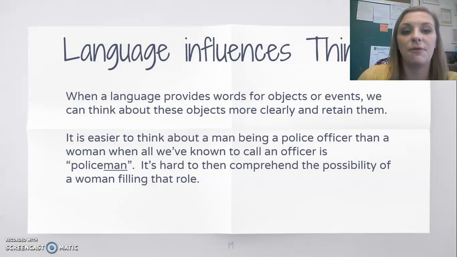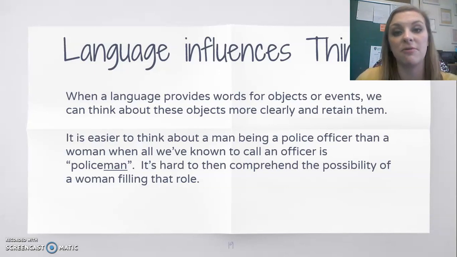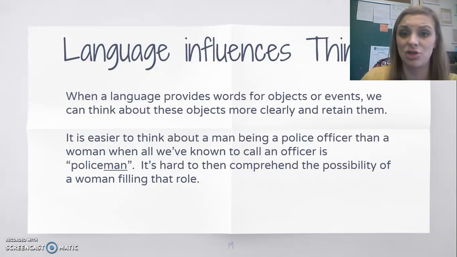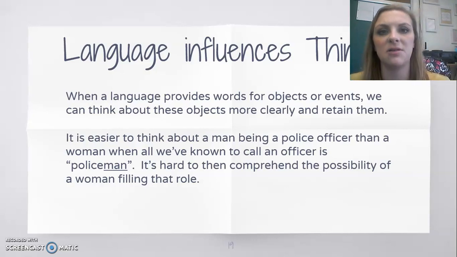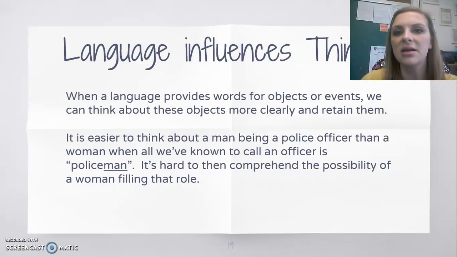Same thing goes for our language providing words for objects and events. We can think about these objects more clearly and remember them more clearly because we have words for them. So for example, it's easier to think about a man being a police officer than a woman because we've called it a policeman.